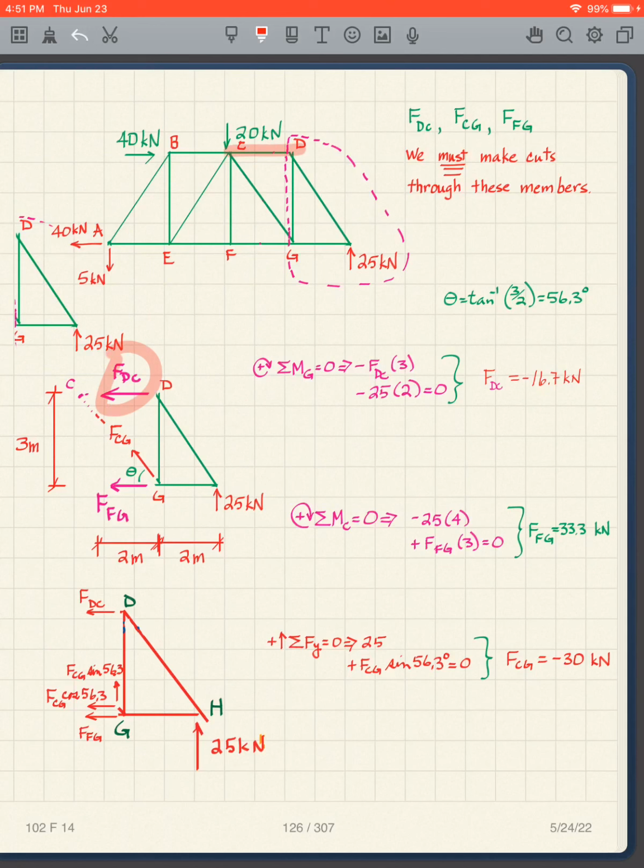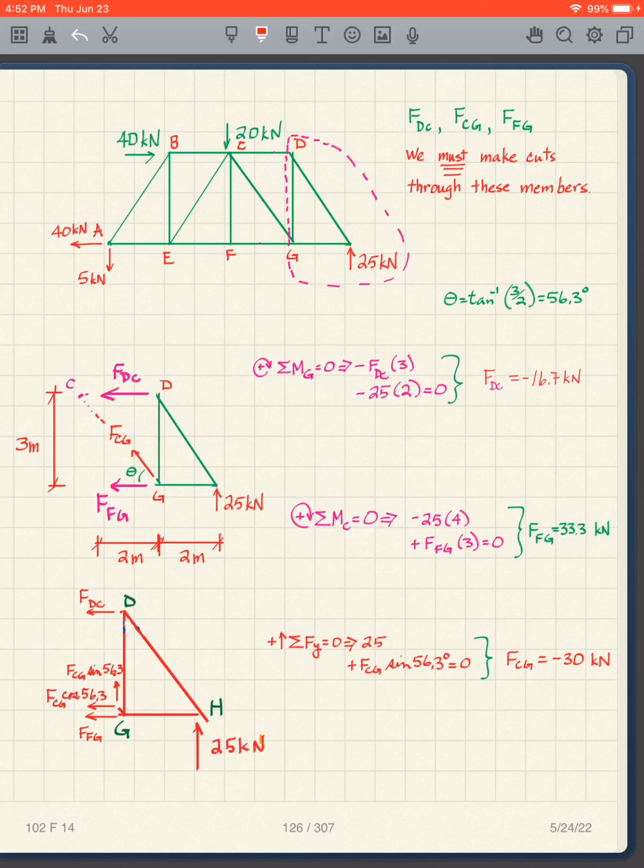I have to show FCD or FDC, same thing. When I cut member CG, then I have to show the force for member CG. And remember, we always draw these away like that. So we're using our skills in drawing a free body diagram that we developed early on. Don't forget those. I've shown where we're going to make the cuts. Now you have to do exactly that and replace everything with the forces. So we've done this and created this free body diagram from this. I'm counting on you to be able to know that. So we've been able to produce this free body diagram.